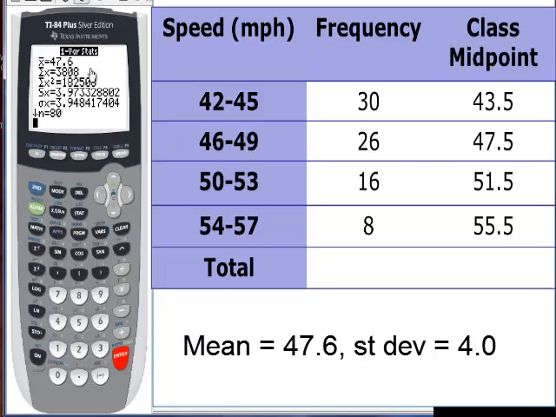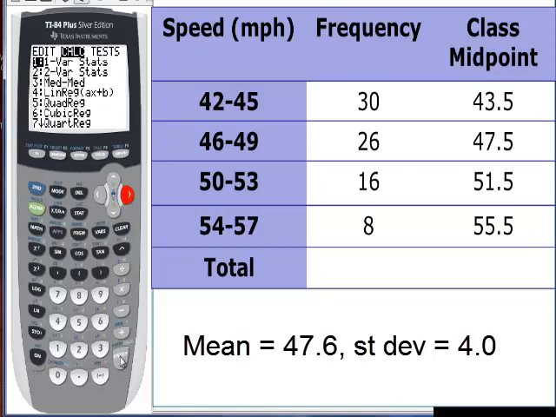After you've used this, if you're not going to use it again right away for a frequency distribution, I would go back to Stat and Calc and hit one variable stats, and where this L2 is in here, just clear it out. So hit clear or delete, and then enter through here.